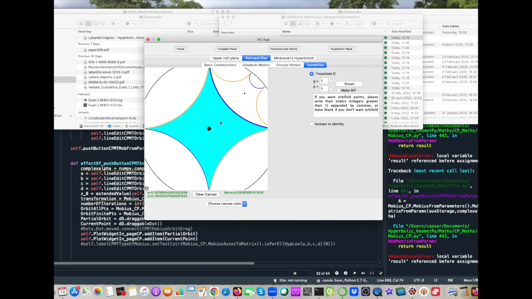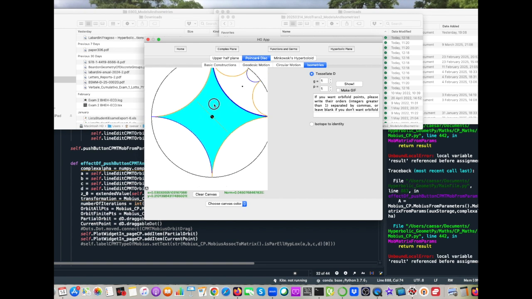Now, if this is well programmed, what we are seeing here is the image of this point, which would be this point, and the image of this one, which is this one, under a hyperbolic Mobius transformation that acts as a kind of getting away from this point and getting close to this point.